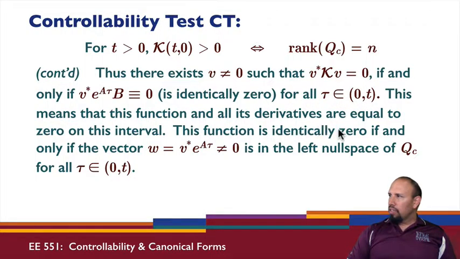So as a result, this function is identically 0 if and only if this vector, which is non-zero, is in the left null space of QC, because we showed that this and all its derivatives give this quantity times QC. And so all of that is equal to 0 if QC has a vector in the left null space for all t.